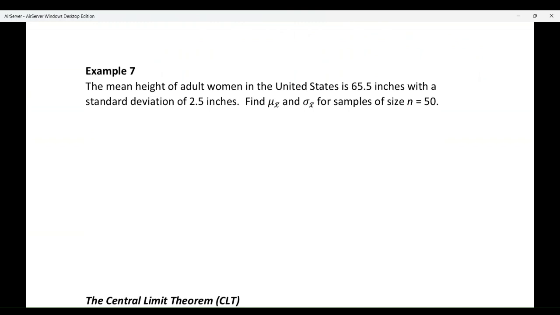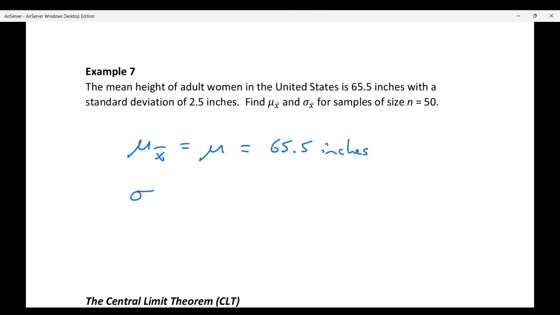We're going to find the mean of the sample and the standard deviation for the sample with a sample size of 50. Okay. So again, the mean of my sample, I will always expect to be the same as the mean of the population, or in this case, 65.5 inches.